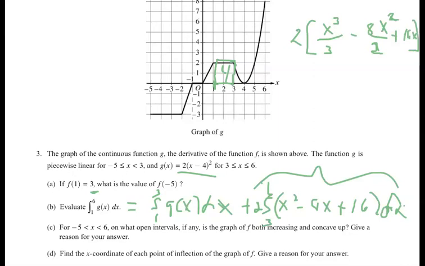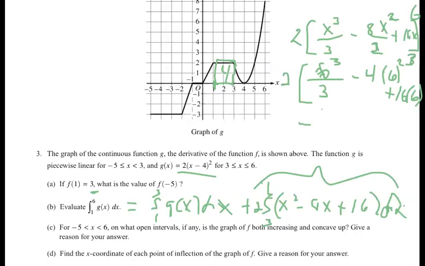And we are going from 3 to 6. So that's going to give me 2 times 6 cubed all over 3, minus 4 times 6 squared, plus 16 times 6. And then we go minus, plugging in 3's in there.